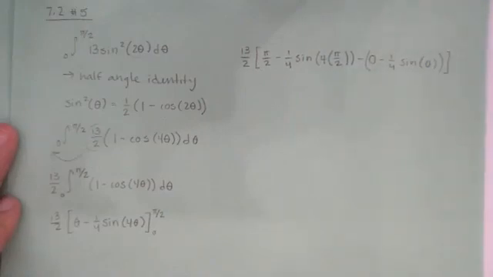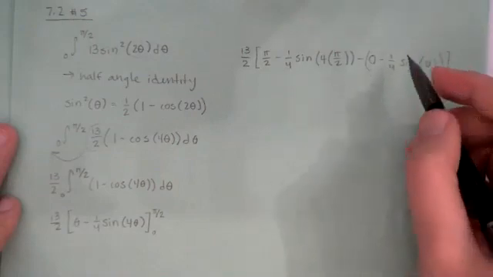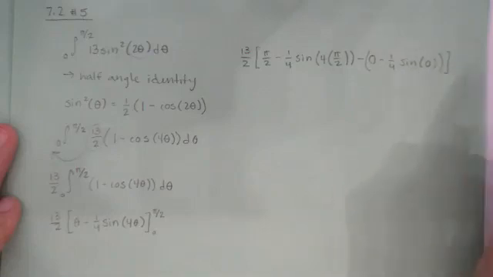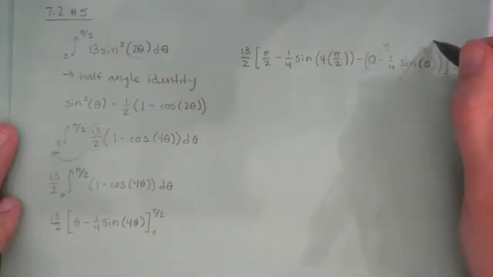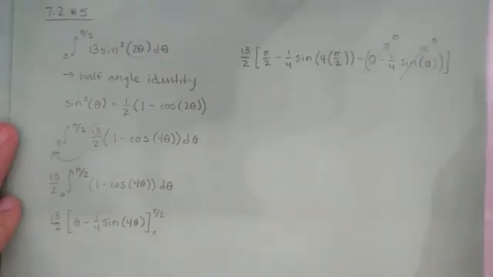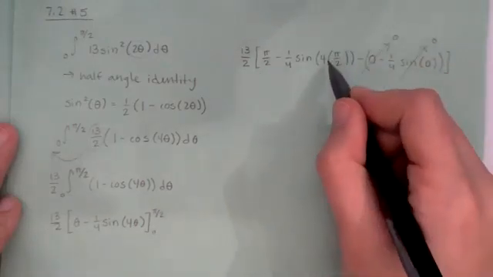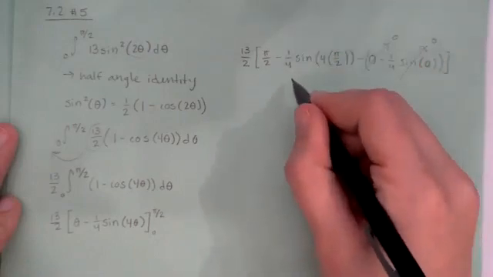Like that. So of course sine of 0 is still 0. So this entire side is just going to go out to 0. And so then we are just left with this guy over here. 4 times pi over 2, that's going to leave us with a 2 pi.